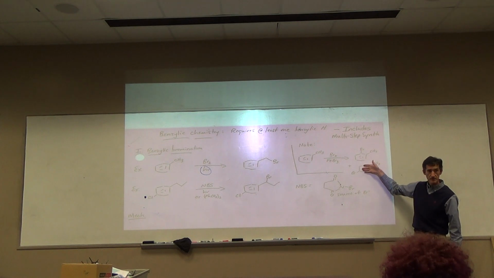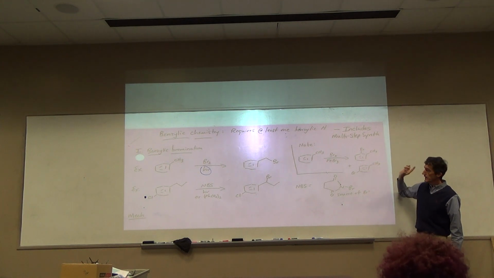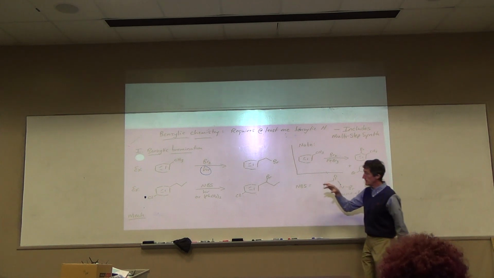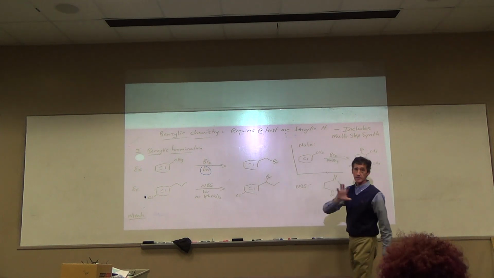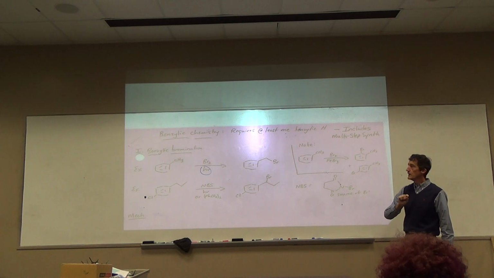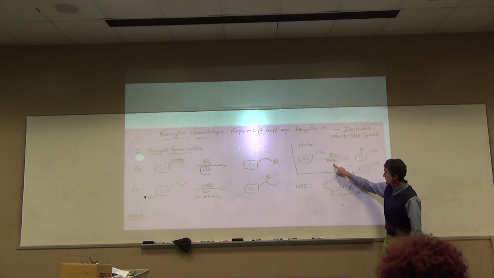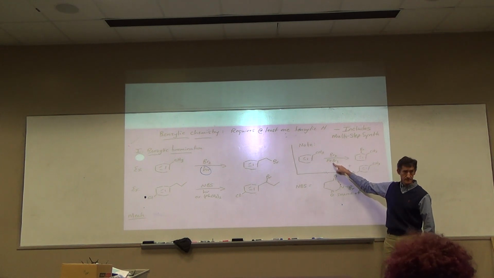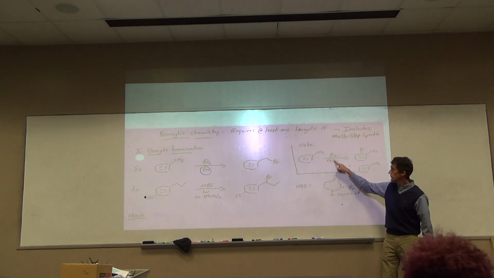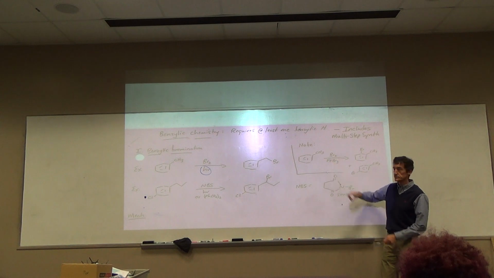Couldn't we also do this chemistry? Mm-hmm. Yes. Both are possible. But here's sort of what you want to look for. When you do an EAS, you're going to have a Lewis acid catalyst. And that's sort of like, hey, we're doing the Lewis acid, this is EAS chemistry, okay?